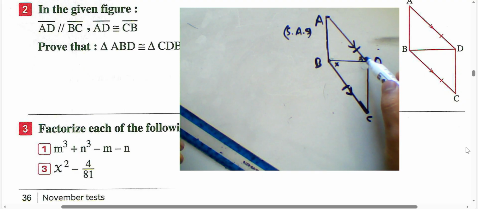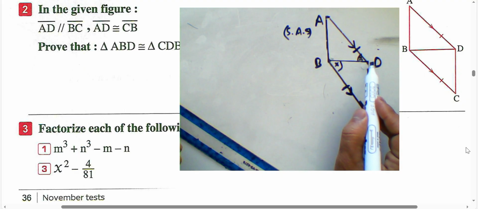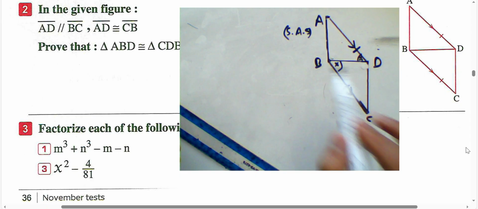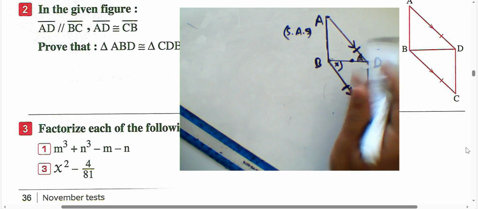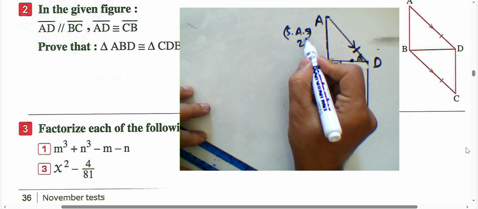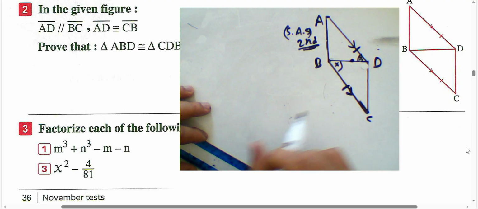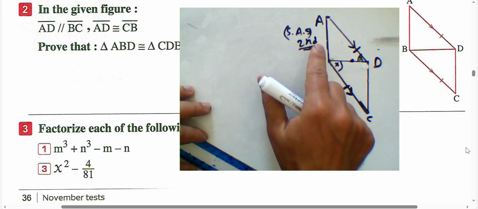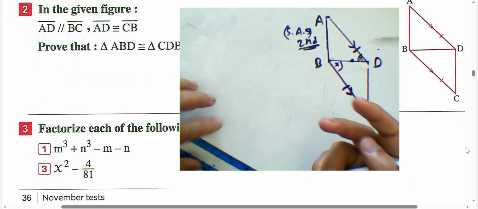This side and this angle, we proved this angle equals this angle: angle ADB equals the measure of angle DBC, alternate angles, and this side length we call the common side between two triangles. Then side angle side, the second condition for congruence. Then the two triangles will be congruent because we have side angle side, or two sides and the included angle between them.